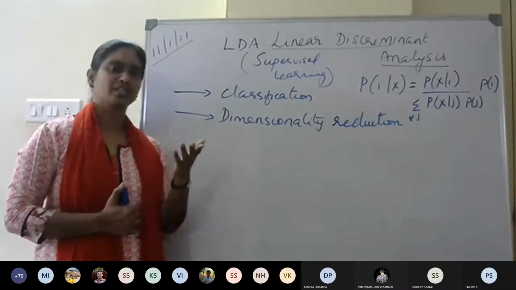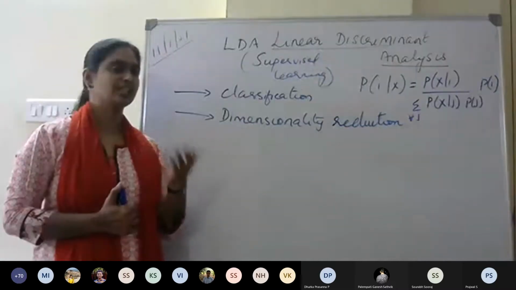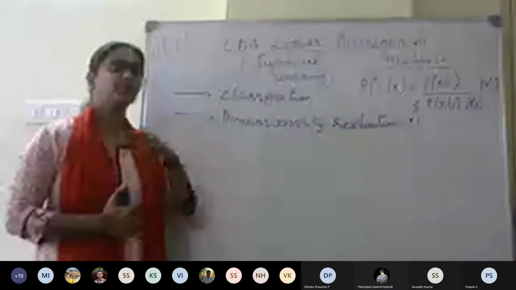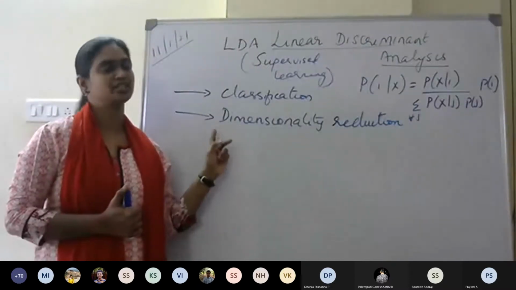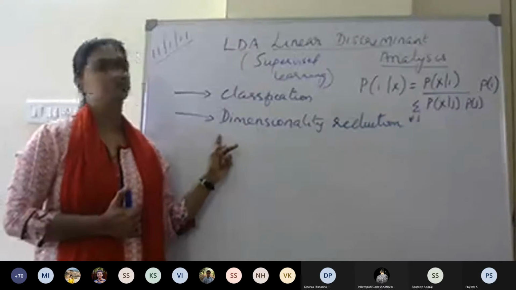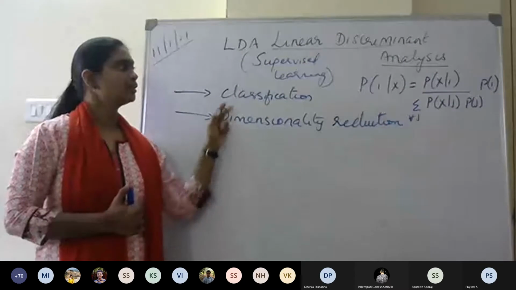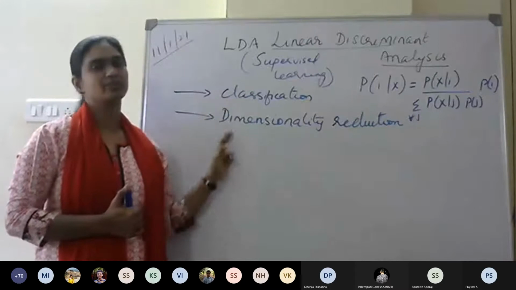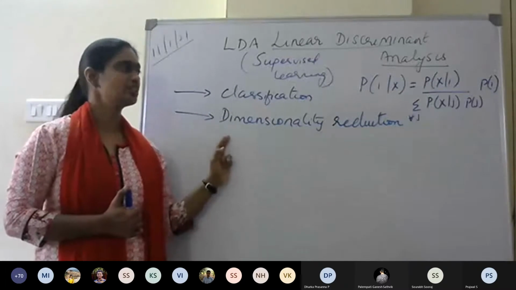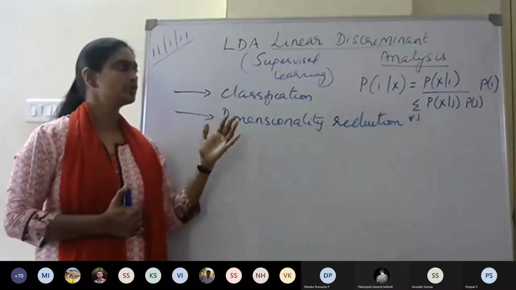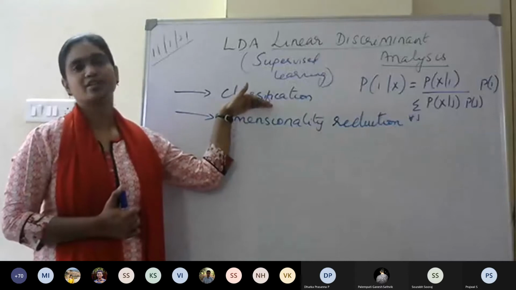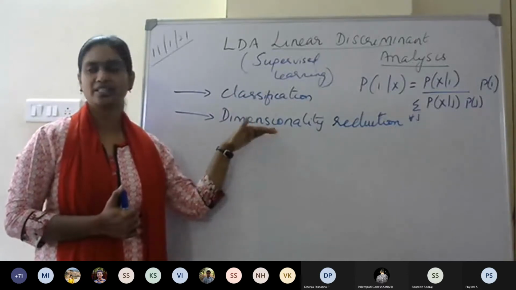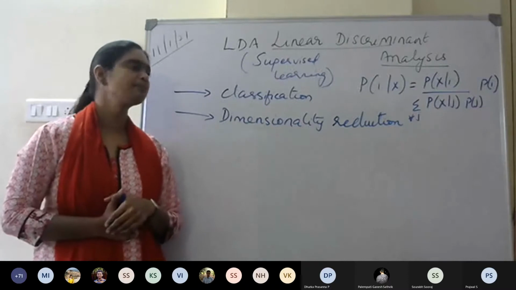Both LDA and PCA can be used for classification and dimensionality reduction. LDA is supervised, PCA is unsupervised. So we are going to do LDA for classification and PCA for dimensionality reduction. That is the way it is given here.